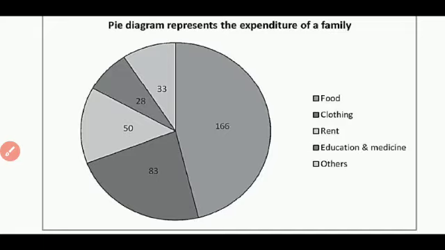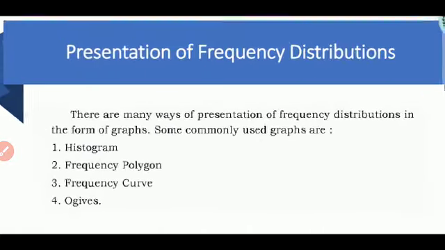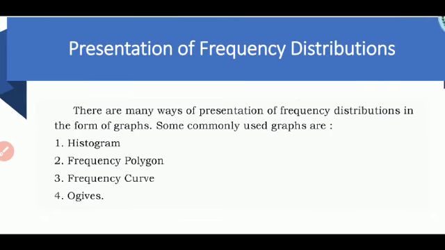It's two-dimensional. You are taking height and width together. Now with this we finish the diagrammatic part, all the diagrams, how data is represented in the form of a diagram. Now the next section is presentation of frequency distribution. The frequency distribution will be presented in the form of graphs.